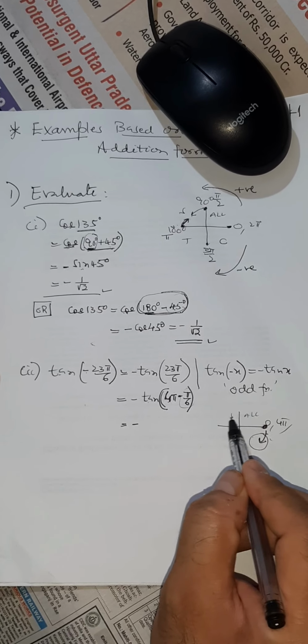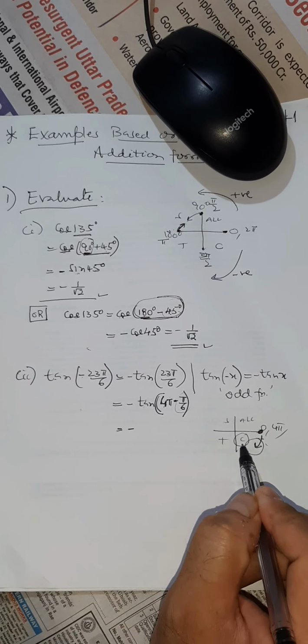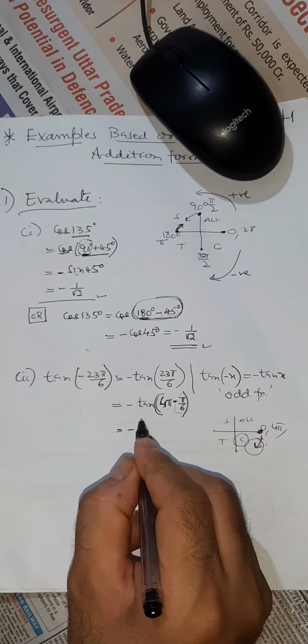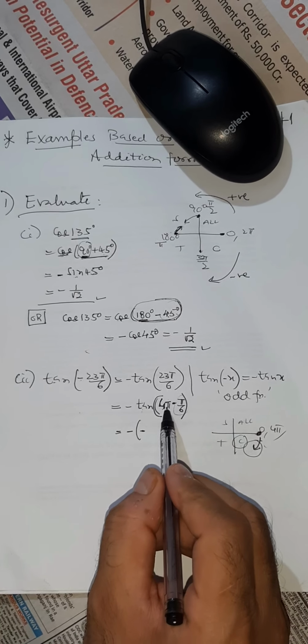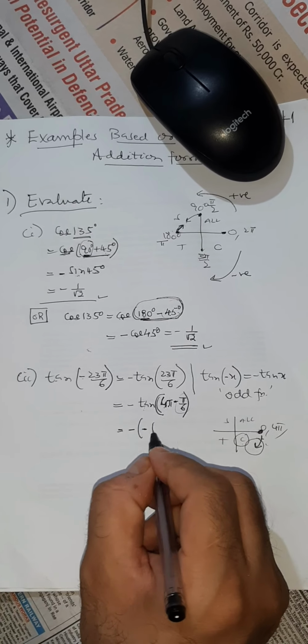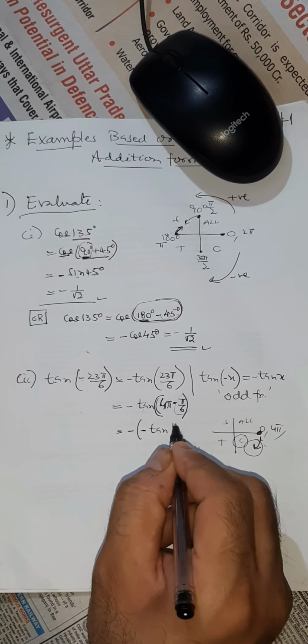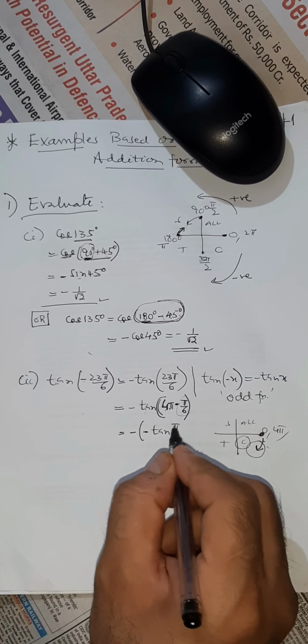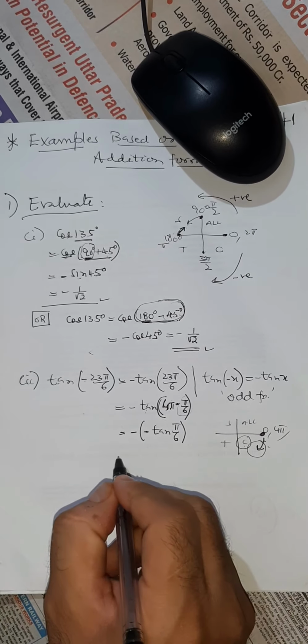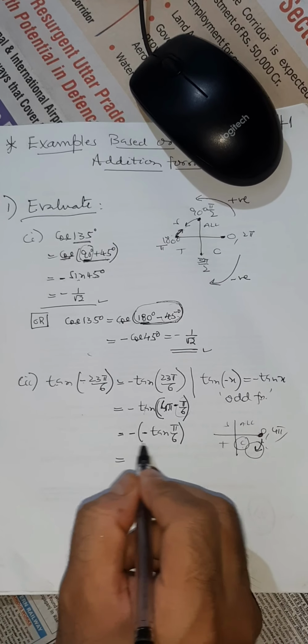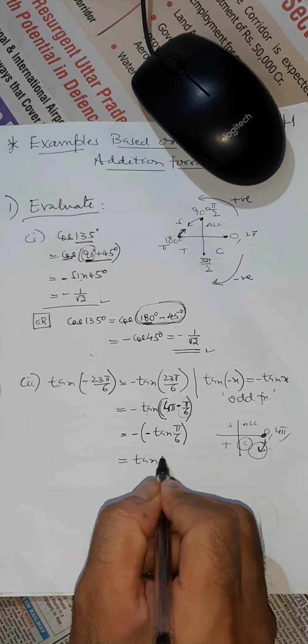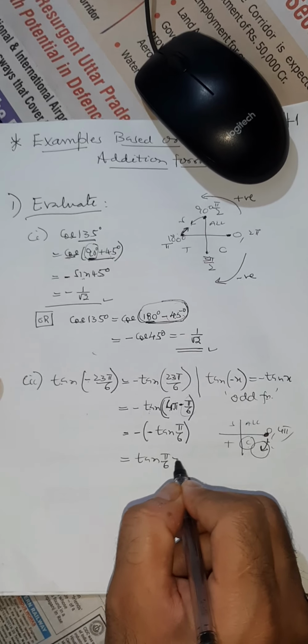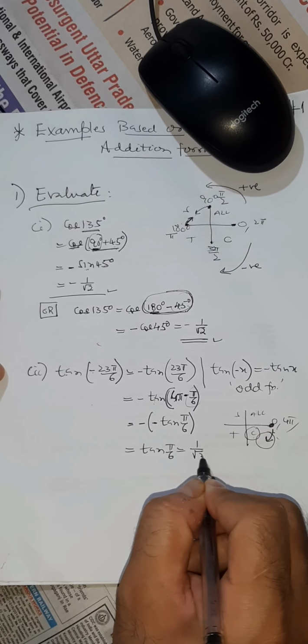All STC. So here tan is negative. So one more minus sign. And pi is there, so tan remains the same. So tan pi by 6. This minus sign you are not going to take here, remember. So this will be just tan pi by 6. Tan pi by 6 is 1 by root 3.